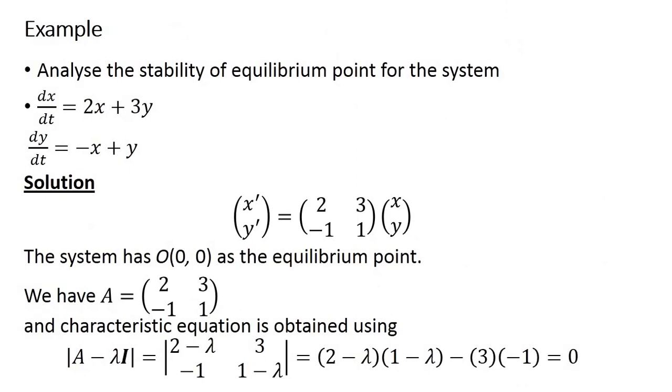Right, so let's look at this example. Analyze the stability of the equilibrium point for this system. This system can be written in matrix form as x' y' equals the matrix 2, 3, minus 1, 1 times x y.